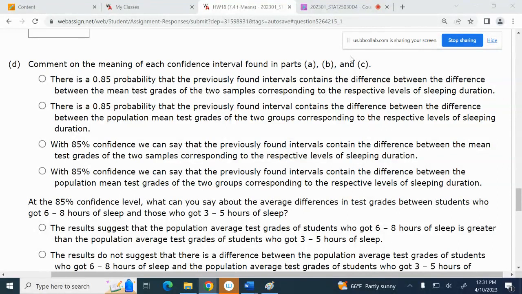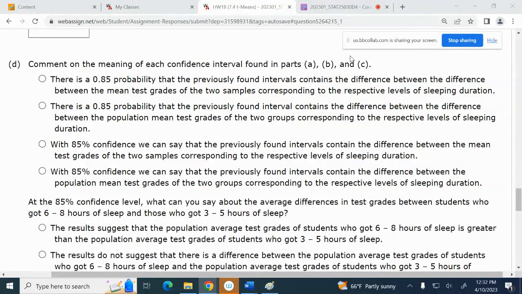So what would be the good interpretation? What would be the good comment? There is the 85% probability, with the 85% confidence. I think I like this statement, right? It's similar, but always we interpret it: we are 85% confident, right? So I like this better. It's the same thing.